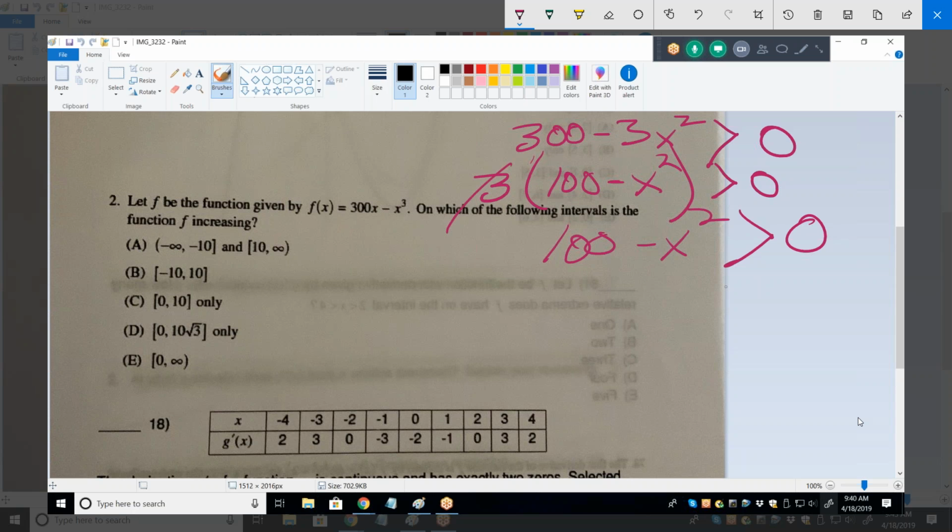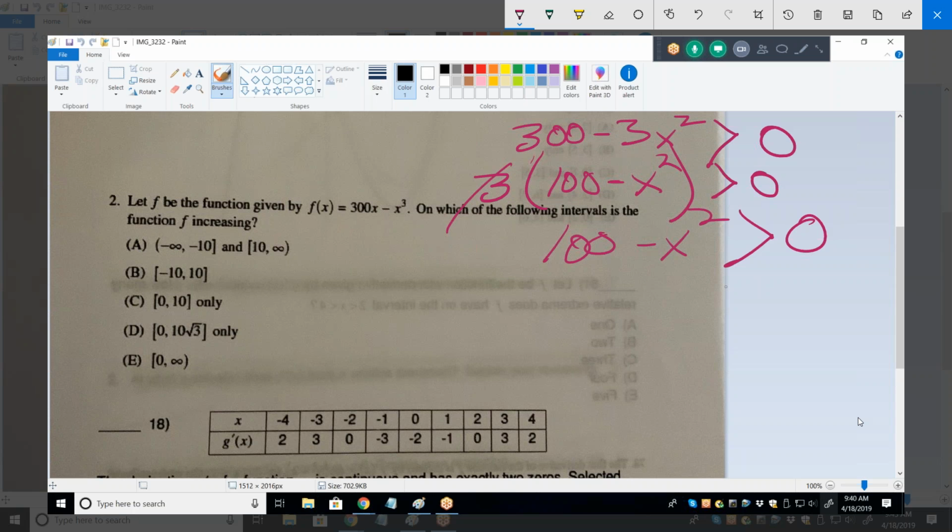Now, this is also a little tricky. What should we do here? I mean, you can look at this conceptually and figure out that x has to be less than plus or minus 10.